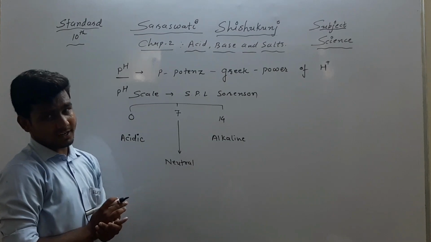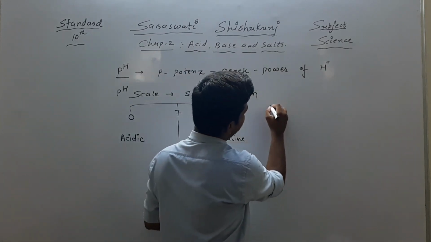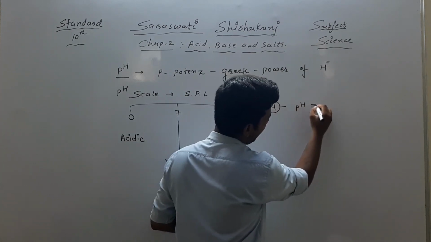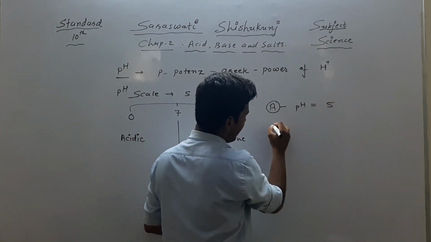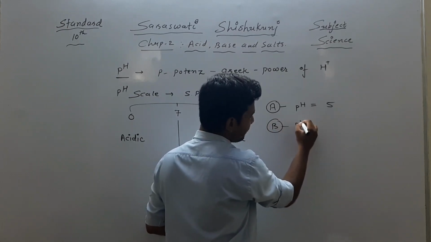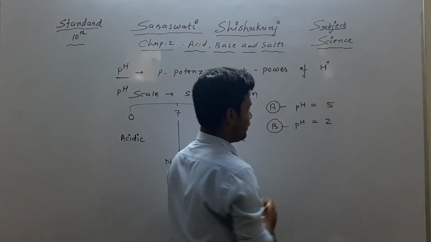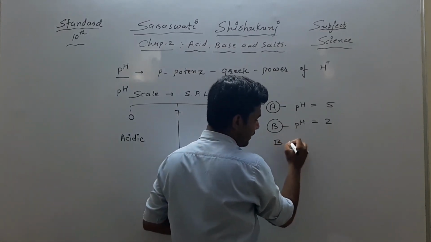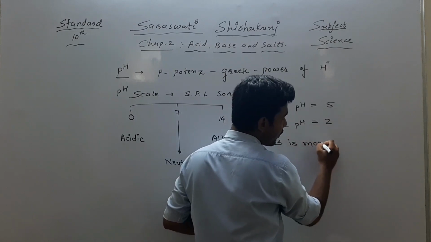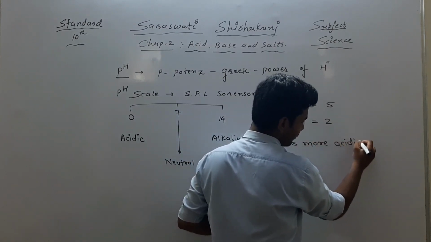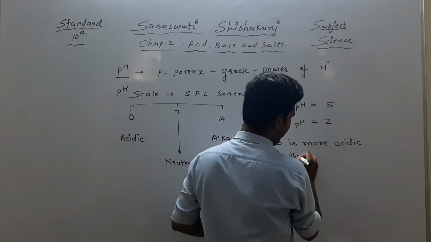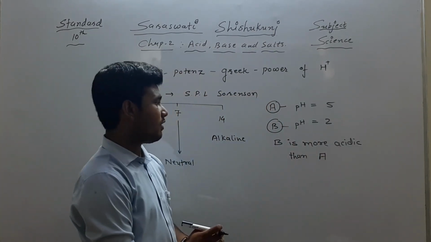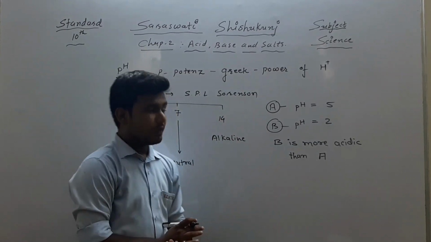Let's understand it with one example. Suppose I have a solution A which has a pH of 5 and another solution B having pH of 2. Yes, you are right, solution B is more acidic than solution A. How much more acidic it is, we are not going to discuss right now.